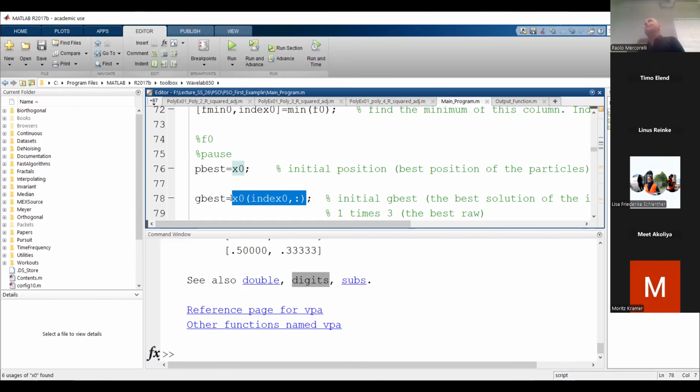Basically, this is one particle characterized by, I know what it is. Could be the first, could be the second. And all its coordinates. In our case, we have a row with two columns. The best particle is characterized by x1 and x2. Now in the initialization phase.